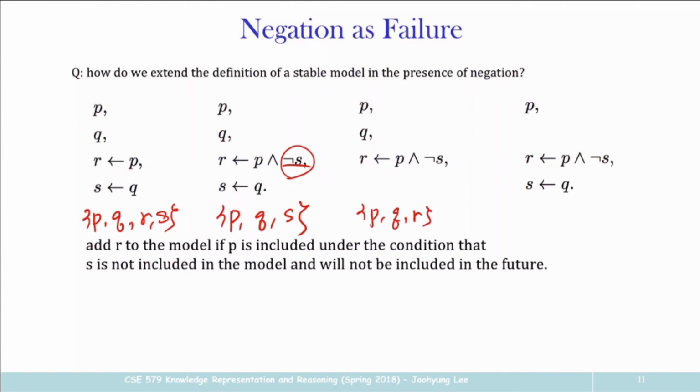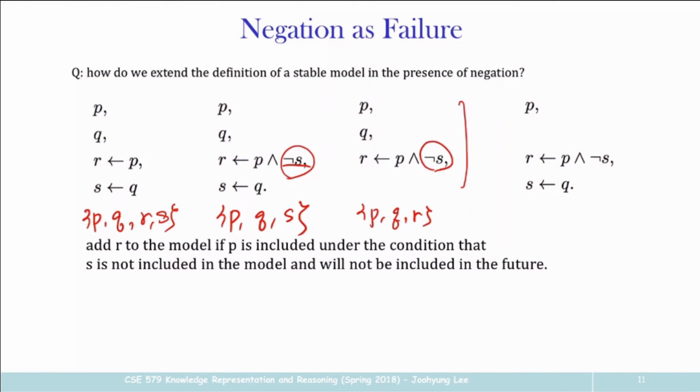Are we together? No? So let me explain again. This one becomes true when S cannot be derived at all. And from this particular program that you see, S cannot be derived because S does not occur in the head of the rule. Remember the iterative algorithm that we did. When you do the minimal model generation, if the body is true, then you have to include the head.